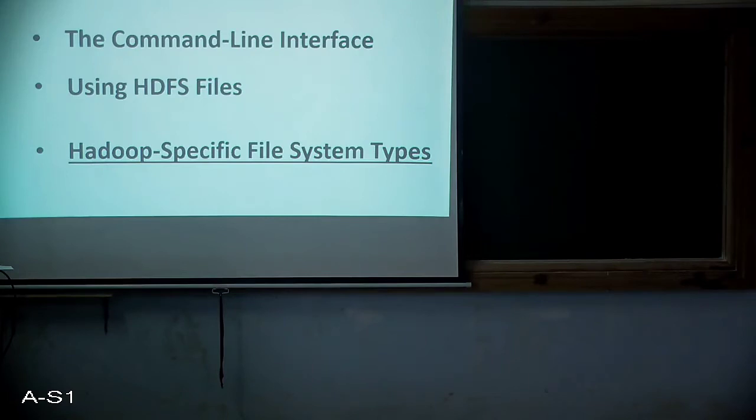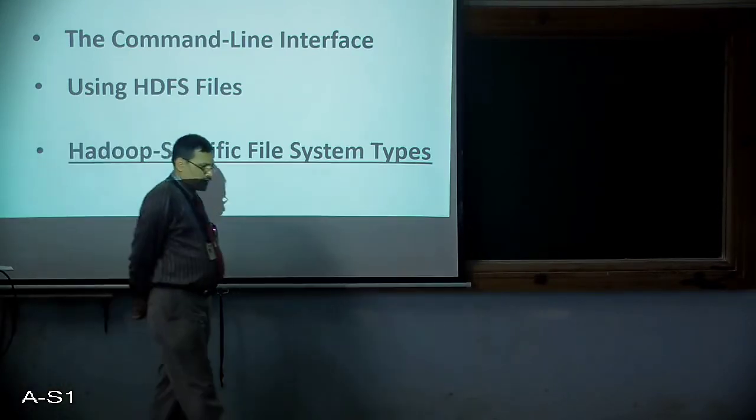Data nodes are the workhorses of a file system. They store and retrieve blocks when they are asked by the clients or the name node, and they report back to the name node occasionally with the list of blocks that they store. In this fashion, this master-slave architecture works.